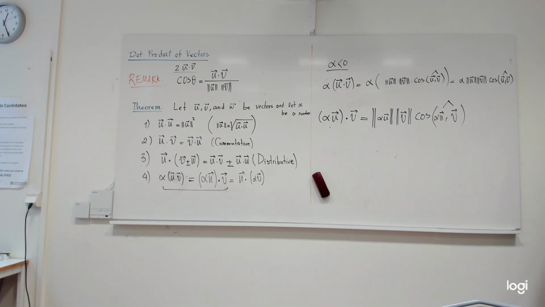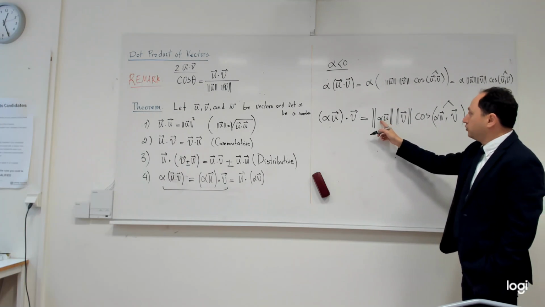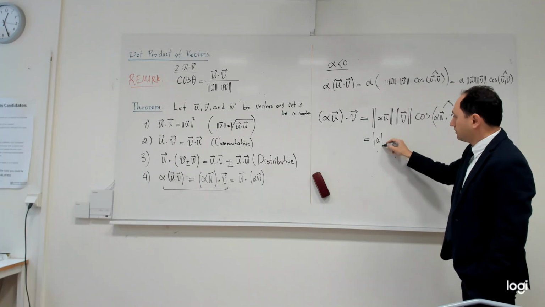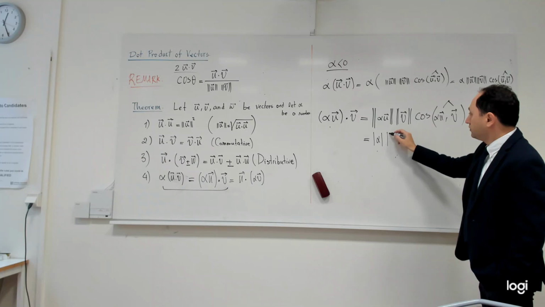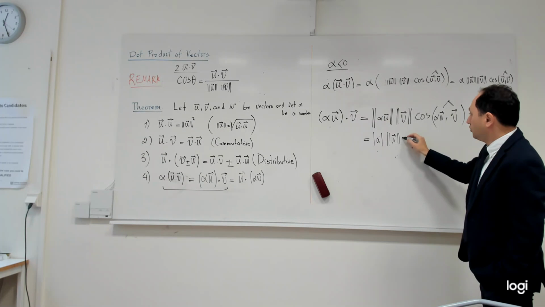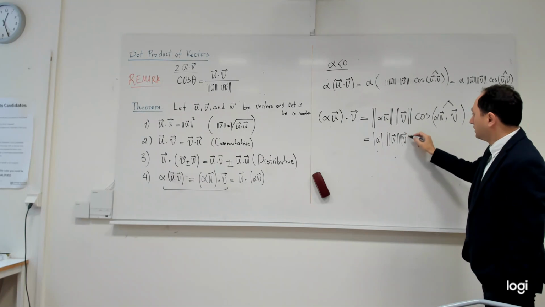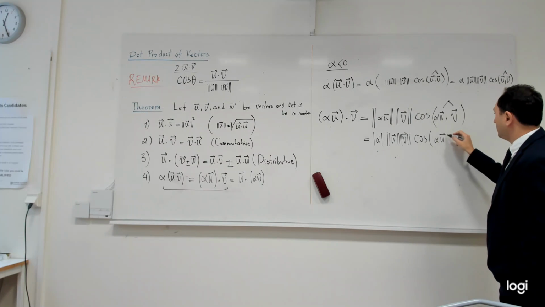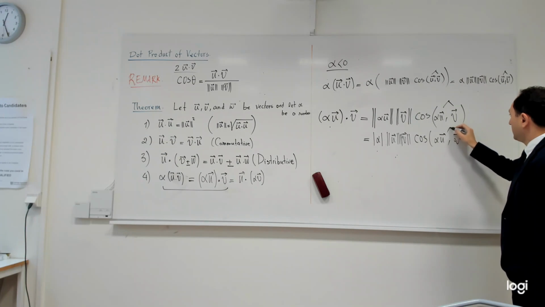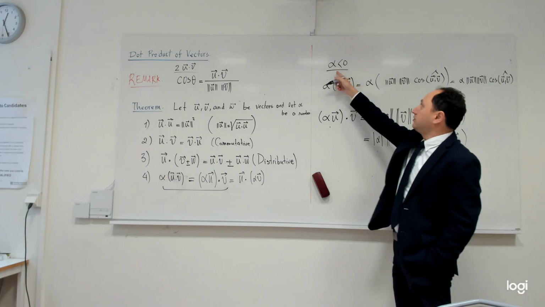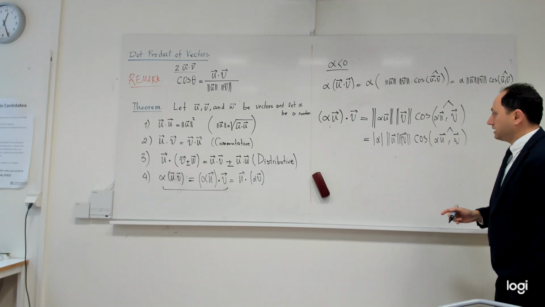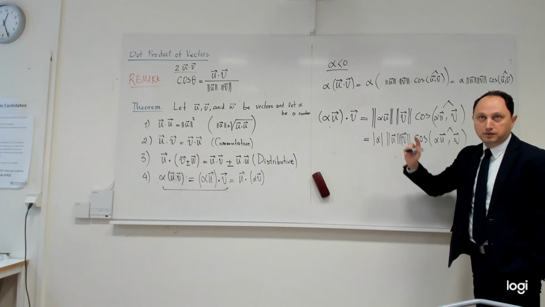But do you remember, how can I pull this alpha out? We had it before. This becomes absolute value of alpha, and then we have norm of u, norm of v, and then I have cosine of the angle between alpha u and v. But now I'm assuming that alpha is negative, so can I remove this absolute value sign? Yes, but the price that I have to pay is to put a minus sign there.